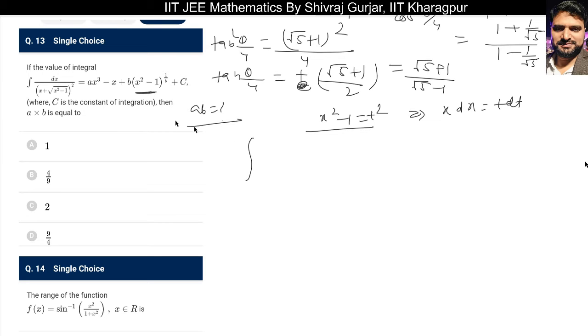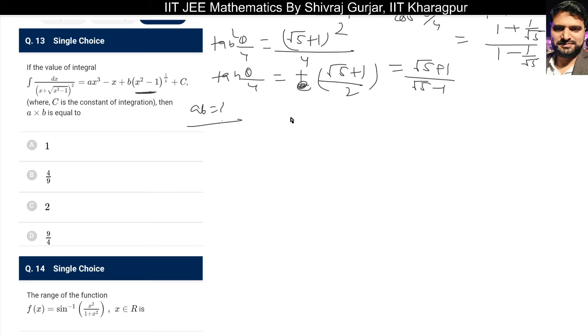So let us convert this integration. T dt divided by x, and here this is x plus root x square minus 1. No, I don't think इससे कुछ फायदा होगा. We have to proceed by some other method here.